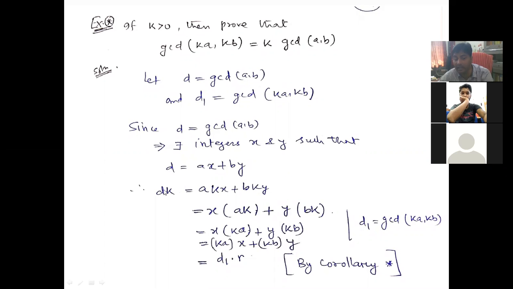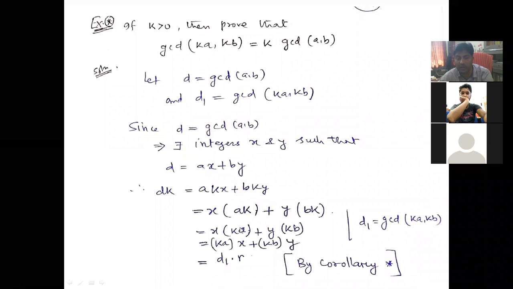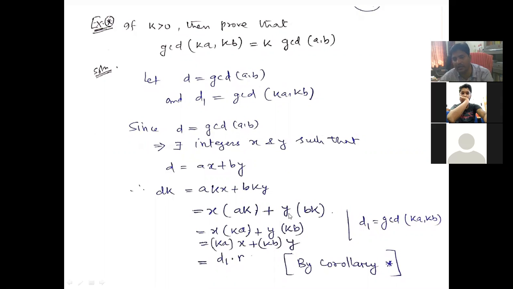Now multiplying by k, dk equals akx plus bky. Taking x and y common, this is x times ka plus y times kb, that is ka of x plus kb of y. And this is d1 r by the corollary star.